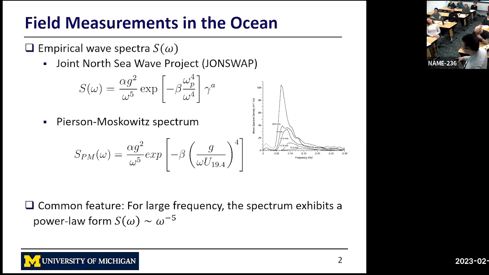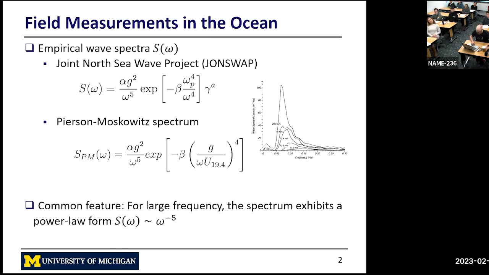Then they fit these data into an empirical wave spectrum, which could give us a rough idea of how the wave spectrum behaves in the ocean. So now we have the JONSWAP spectrum and the Pierson-Moskowitz spectrum to represent the ocean wave field, which are used a lot in our research.